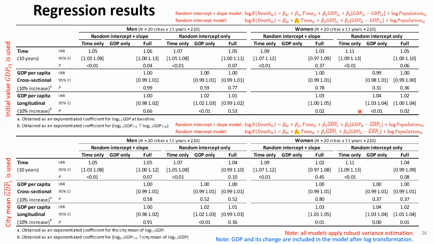In other words, change in GDP was associated with an increase in mortality. So this is what we observe when we don't include time. But after we adjust for time, the effect becomes smaller.